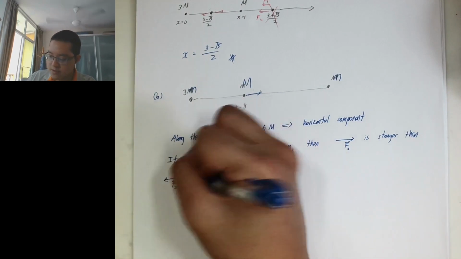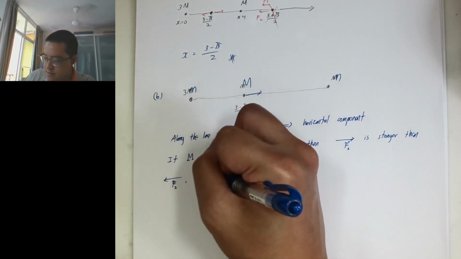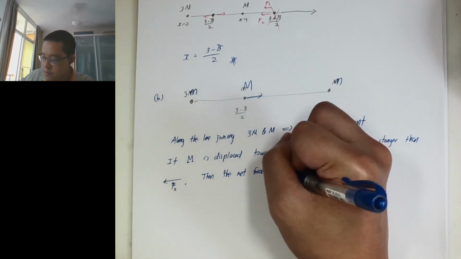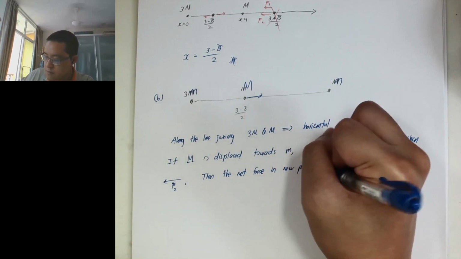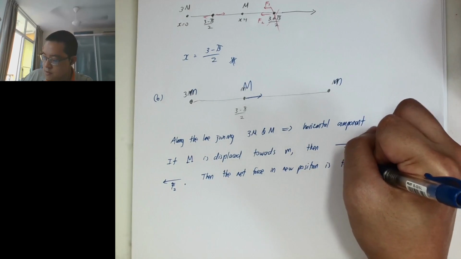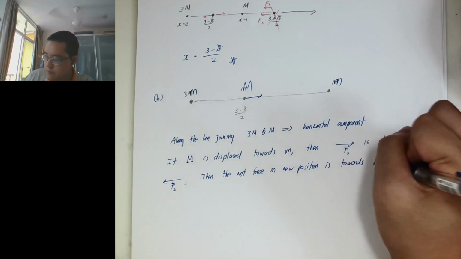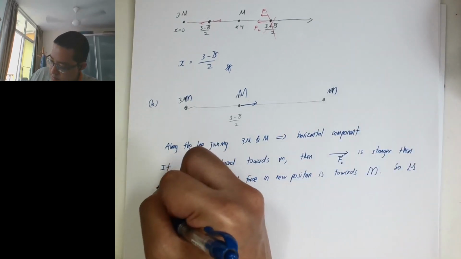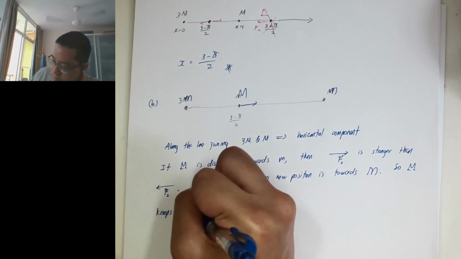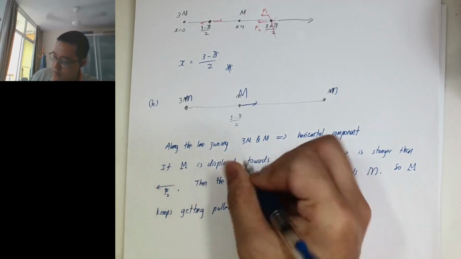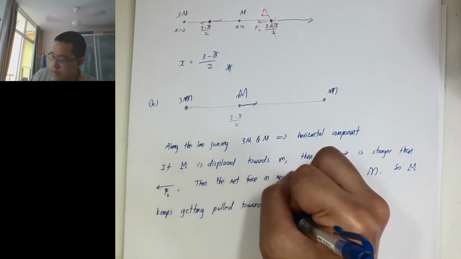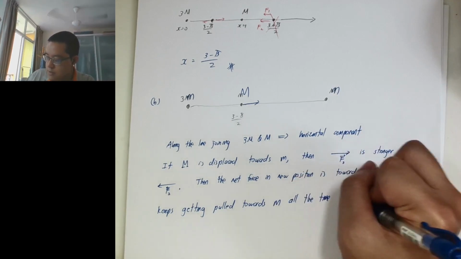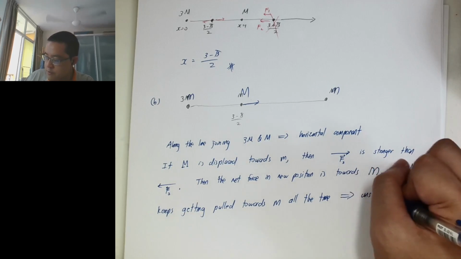So then the net force in the new position is towards the M. So the m keeps getting pulled towards M all the time, and this is why this is an unstable equilibrium.